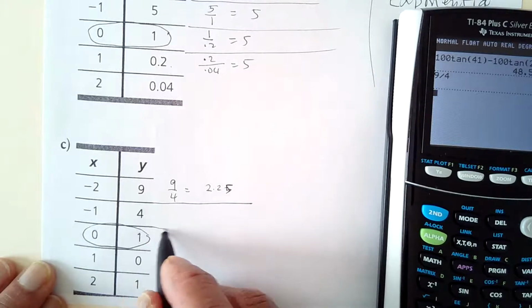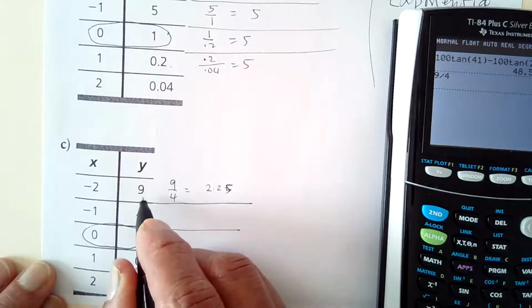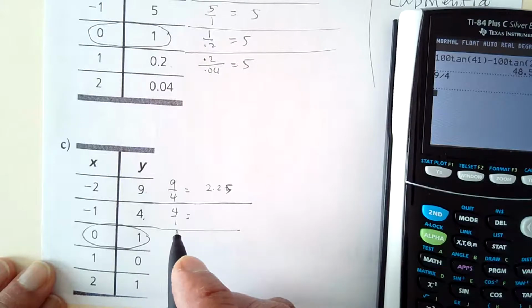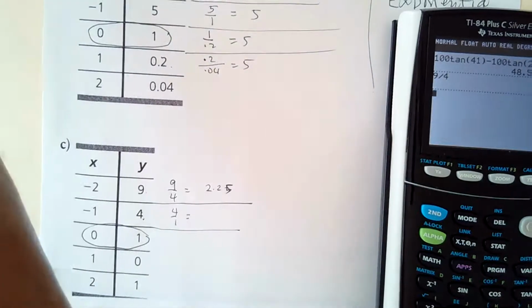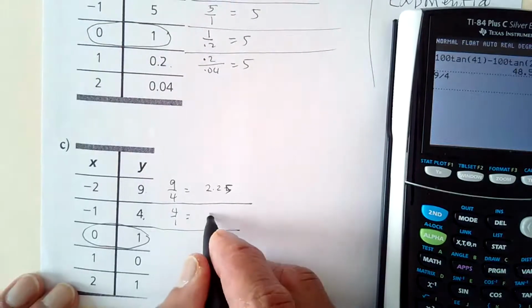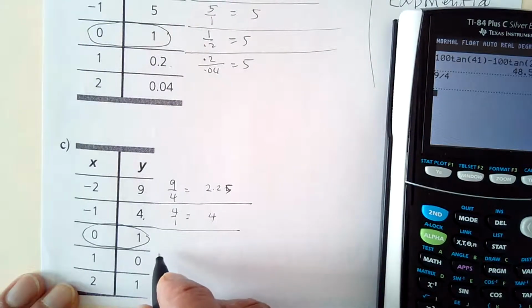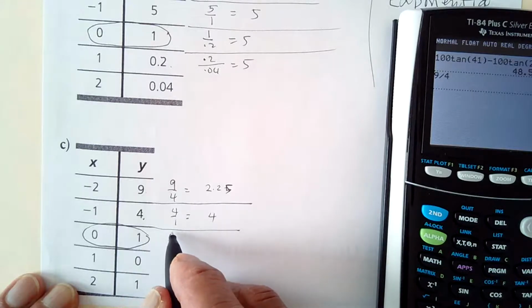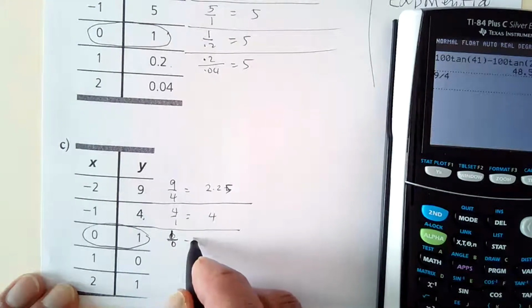Let's look at the next one. 4 divided by 1 is 4. Then we have 1 divided by 0, which is undefined.